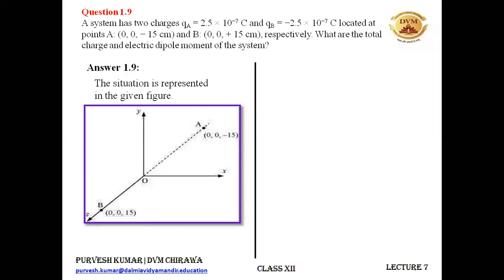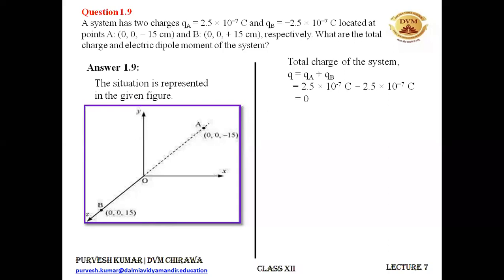Since these two charges are equal and opposite, the total charge is the sum of these two charges, which is 0. We also know that the total charge of a dipole is 0, because in a dipole, equal and opposite charges are separated by a small distance. So QA plus QB is equal to 0. The first part is completed.